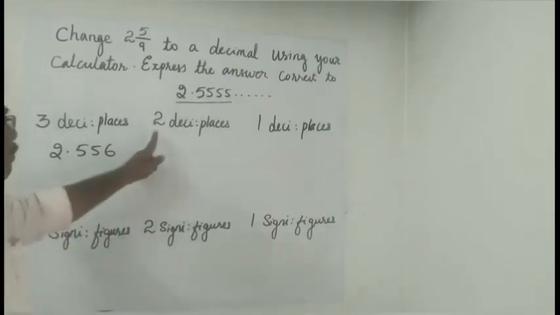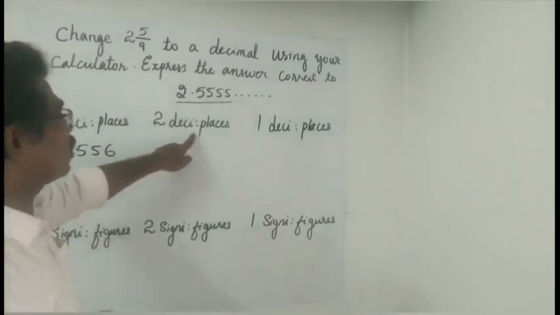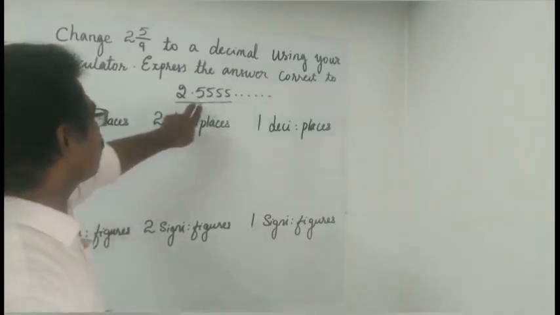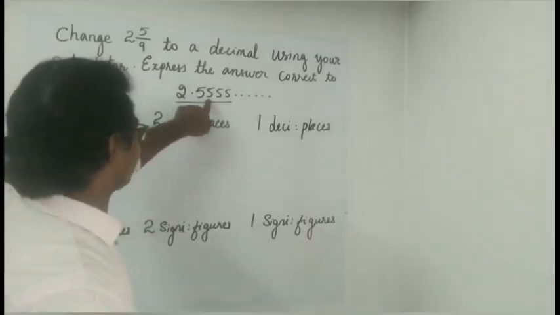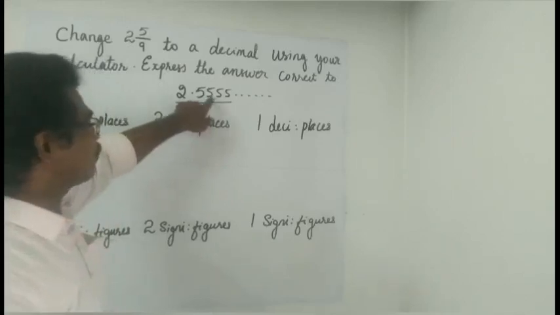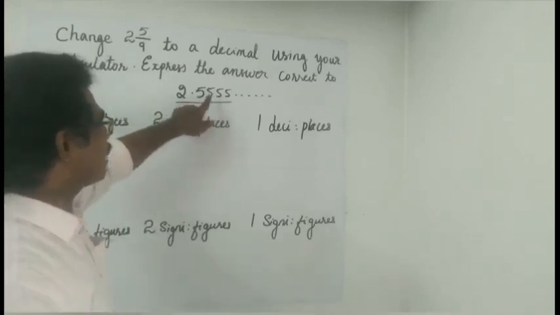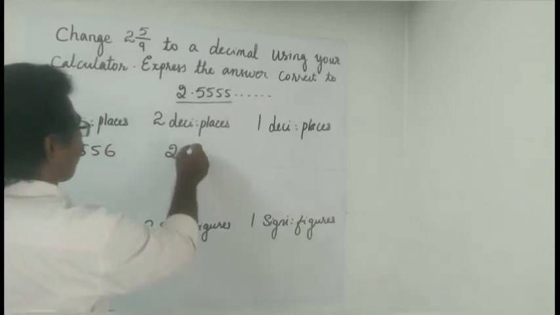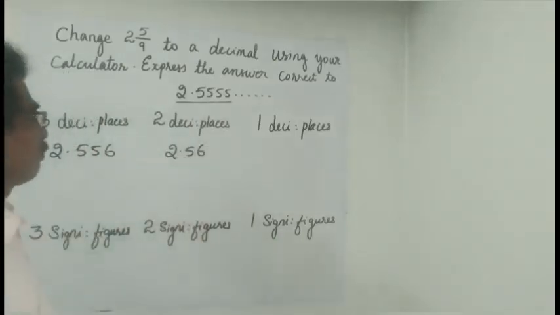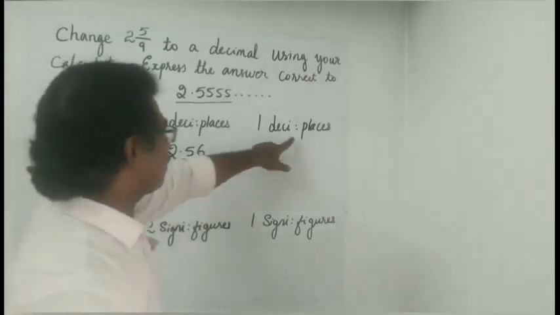Okay. Next, 2 decimal places. Focus on 2 digits. After 2 digits, there is 5 here. So add 1 to this number. 2.56. Got it?